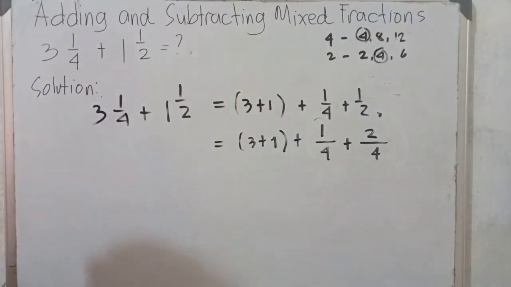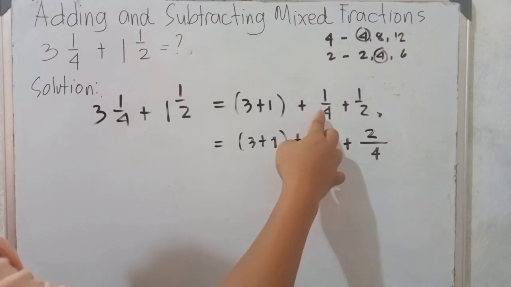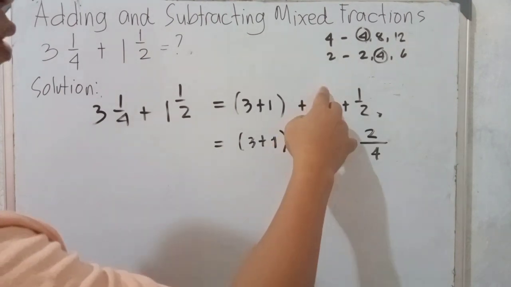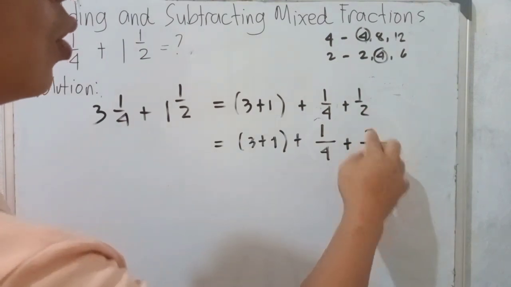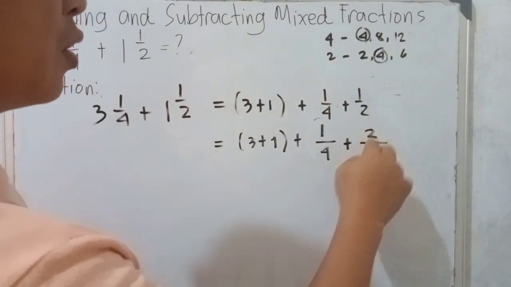So let me go back. 4 divided by 4 is 1. 1 times 1 is 1. 4 divided by 2 is 2. 2 times 1 is 2.